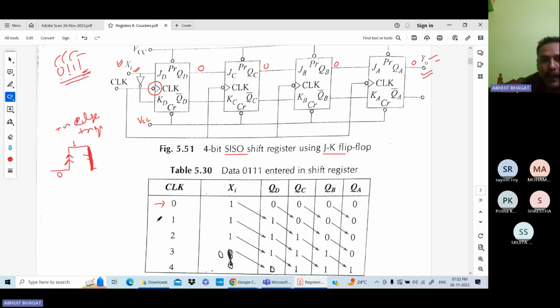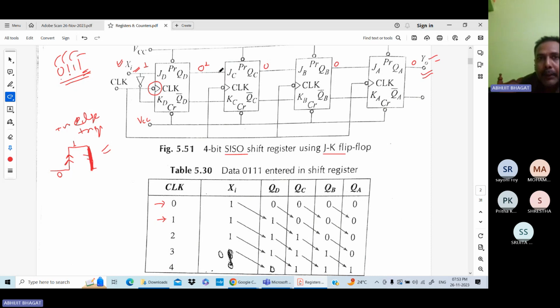Next, when you provide the first clock pulse, this 1 is transferred to QD. You can see from the diagram that after the first clock pulse, this 1 is transferred to this point.